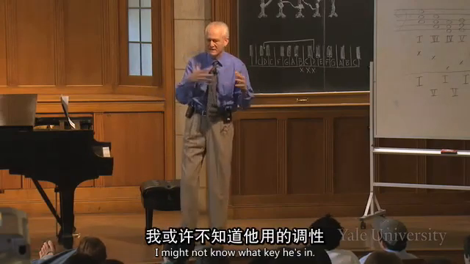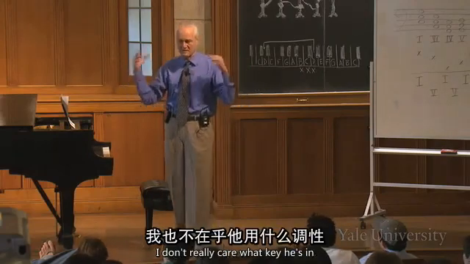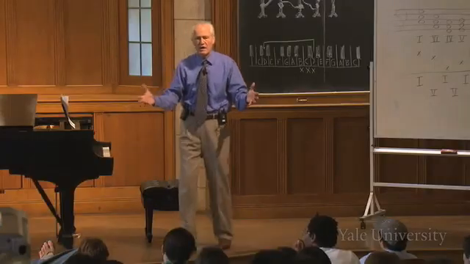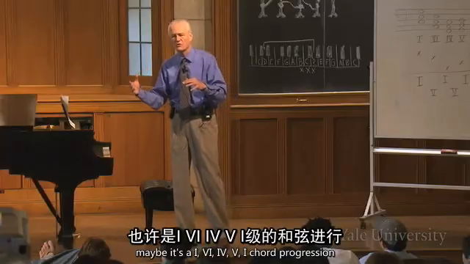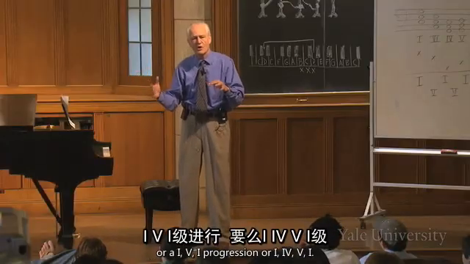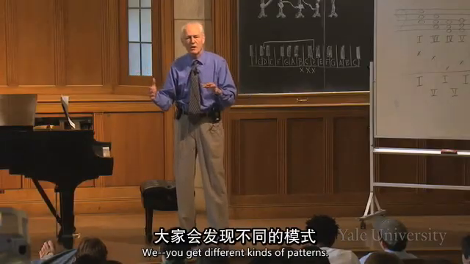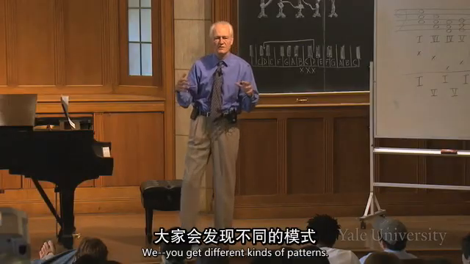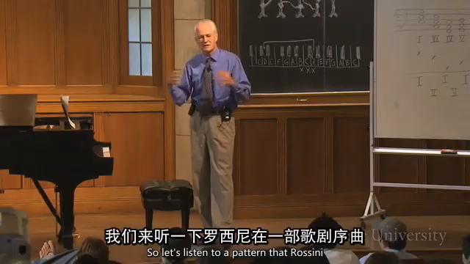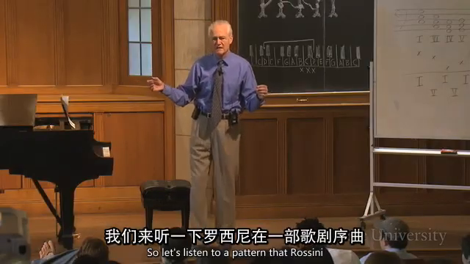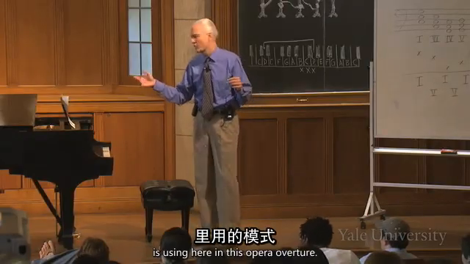I might not know what key he's in. I don't really care what key he's in because I don't have absolute pitch. But I can find, well, maybe it's a 1-6-4-5-1 chord progression, or 1-5-1, or 1-4-5-1. You get different kinds of patterns. The Pachelbel bass pattern is another one. So let's listen to a pattern that Rossini is using here in this opera overture.